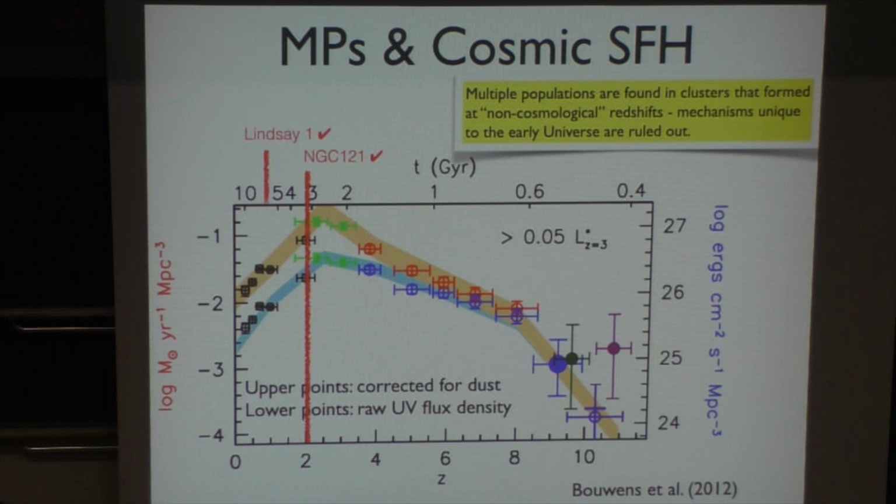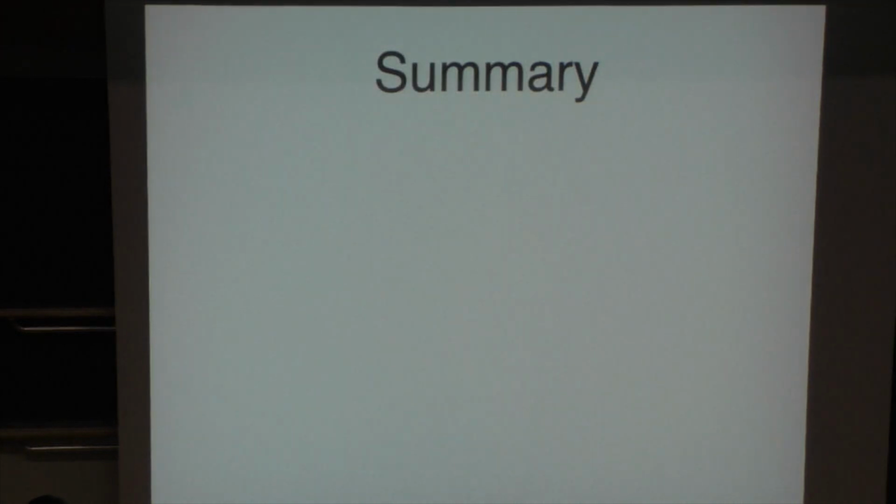Lindsay 1 over here, and NGC 419 over here. So I think it's very difficult to think of something related to cosmology that would be different between here and here. So maybe you have to look for some intrinsic explanation in the clusters having to do with whatever the stellar masses are at the turn-off or so. But honestly, I think there is no good explanation at the moment.